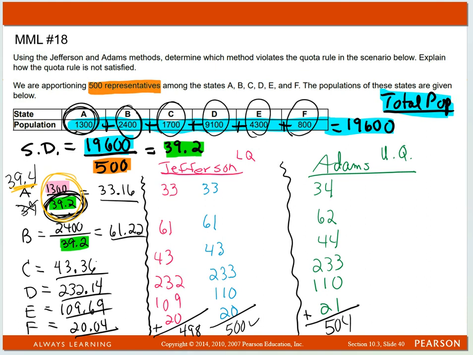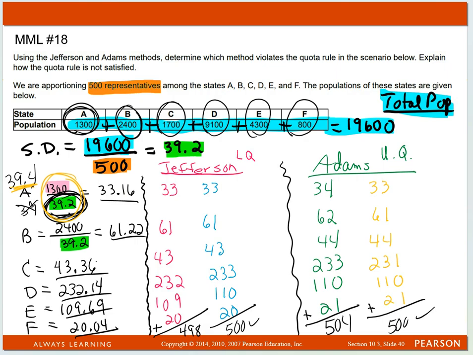And so this time, the upper quota for A was only 33. And then for B, it was 61. And for C, it was also 44. And then for D, it was 231. And then for E, it was 110. And for F, it was 21. Oy vey. And now when I added those up, I got the 500. Okay?